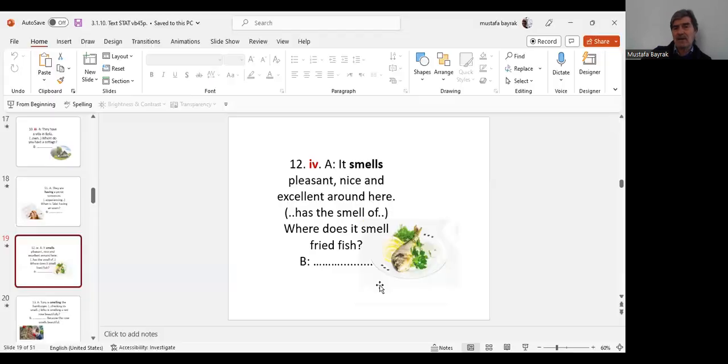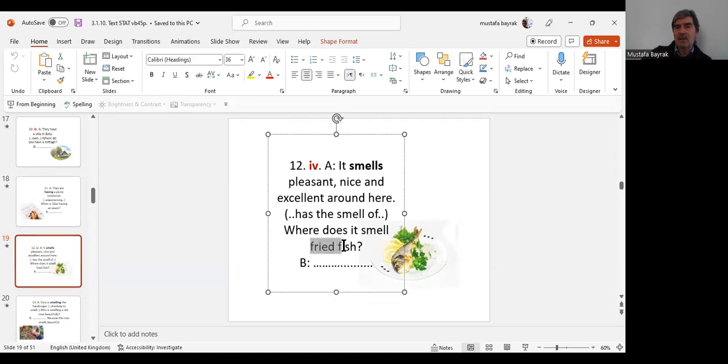Or it smells like a fried fish, but let's change, let's put an adjective here. Where does it smell? Delicious.